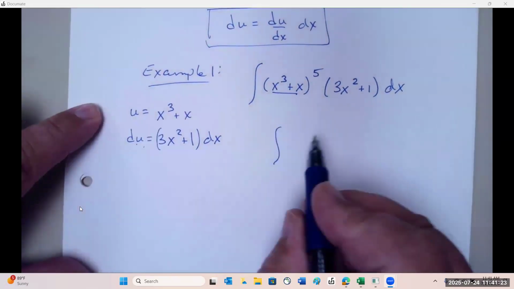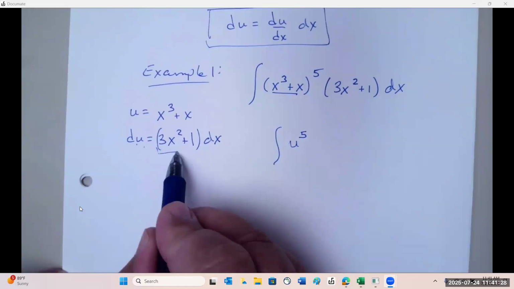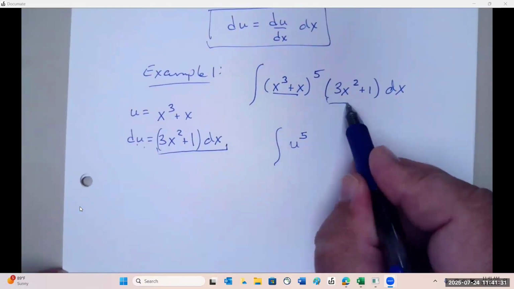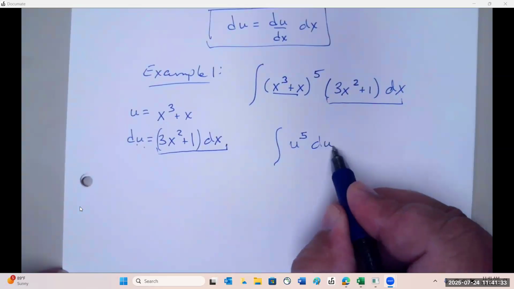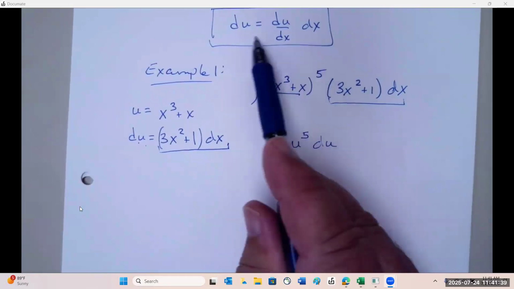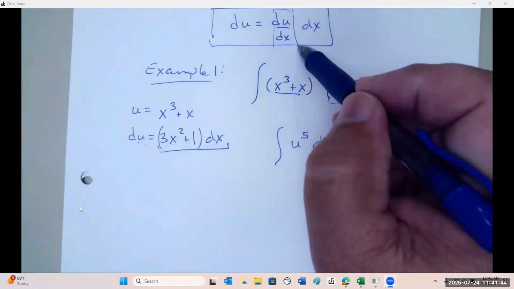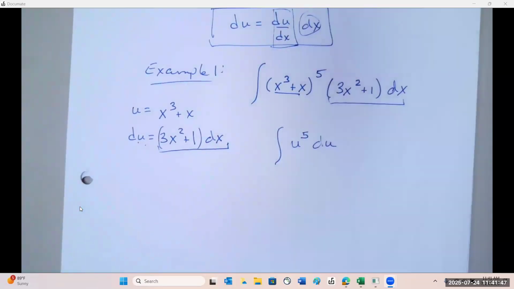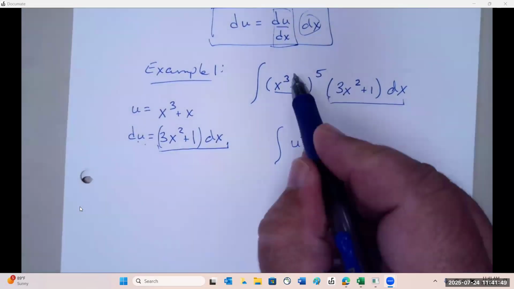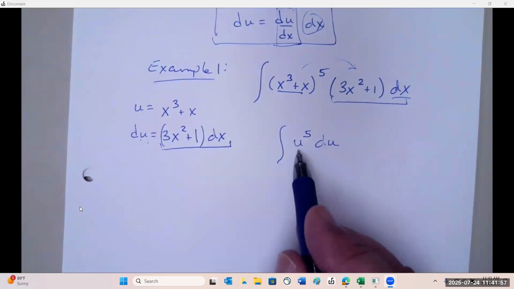So if I said this first part is my u, so I have u to the 5th, and my du is this whole part. That's the reason I went through this. To find du, the du/dx, you have to have the derivative of it with a dx behind it. The derivative of the inside is that with a dx behind it. Now, all we have to do is take the integral of this equation, this part right here.